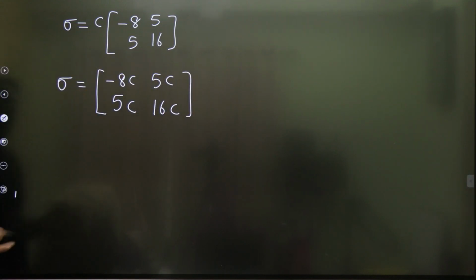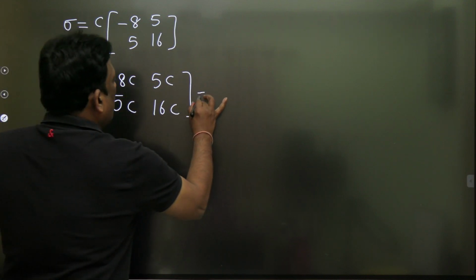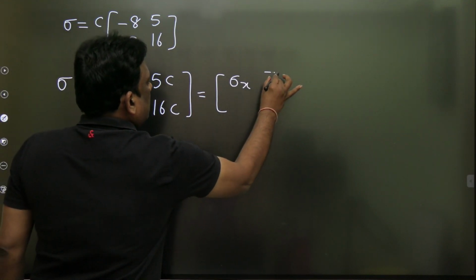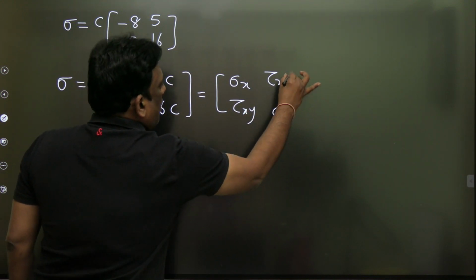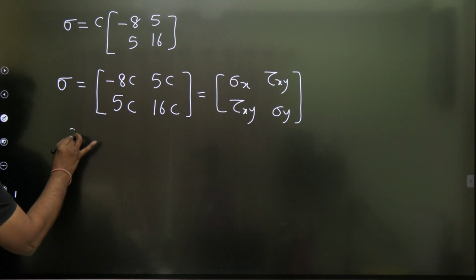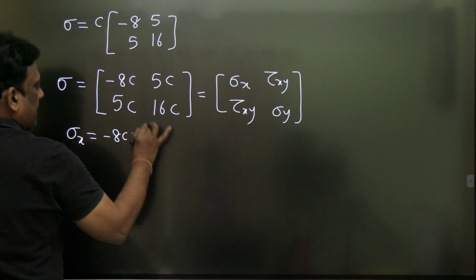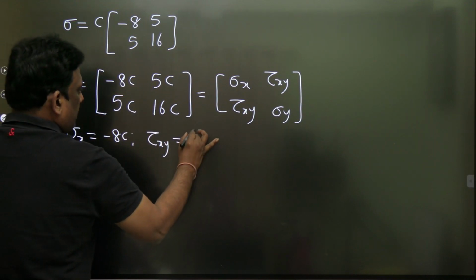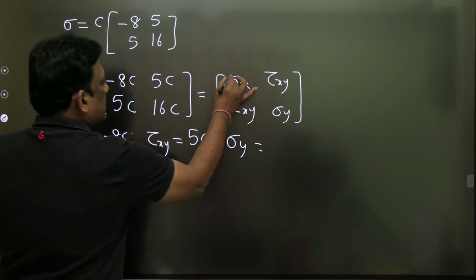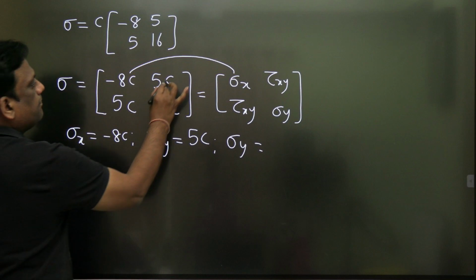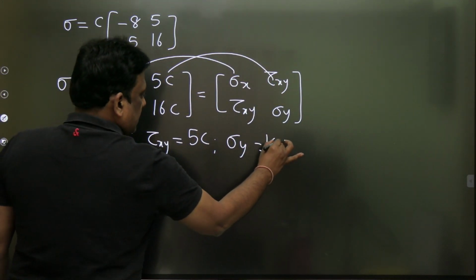This is the state of stress. You compare this with sigma x, tau xy, this is also tau xy, and this is sigma y. So sigma x is equal to minus 8C, tau xy is 5C, and sigma y is 16C. Great.